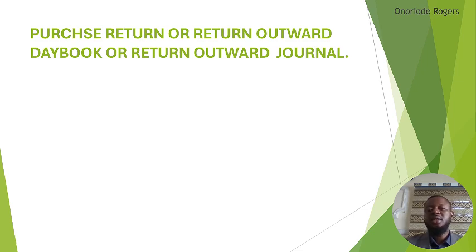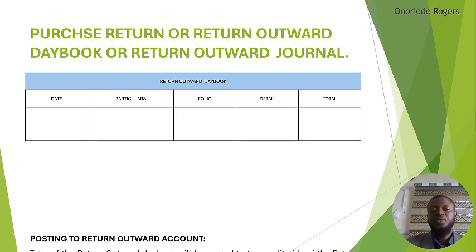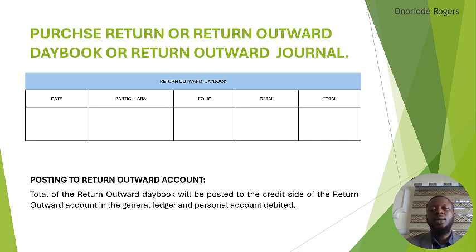Such transactions have to be recorded under the purchase return. The same columns: for the return outward table we have date, particulars, folio, details, and then total. Then the total of the return outward table will be posted to the credit side of the return outward account in the general ledger and the personal account debited.